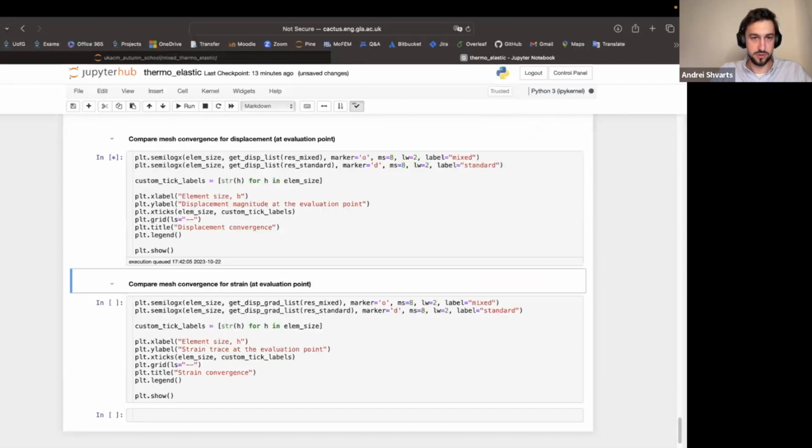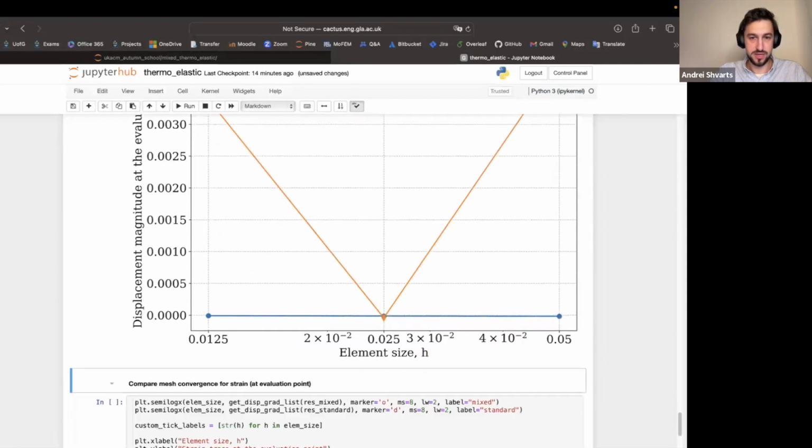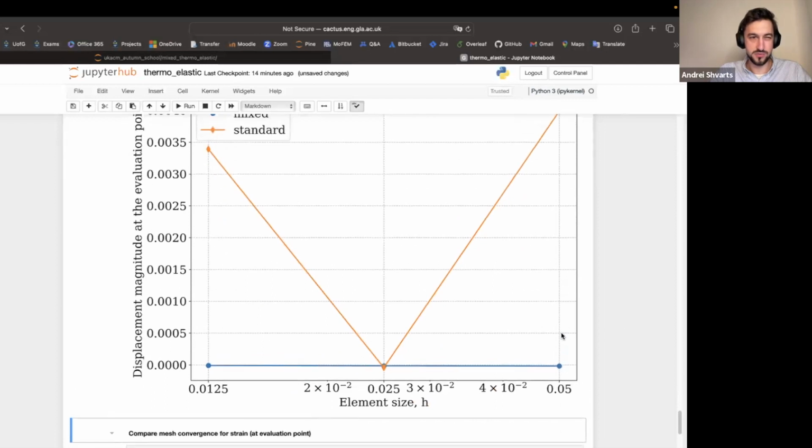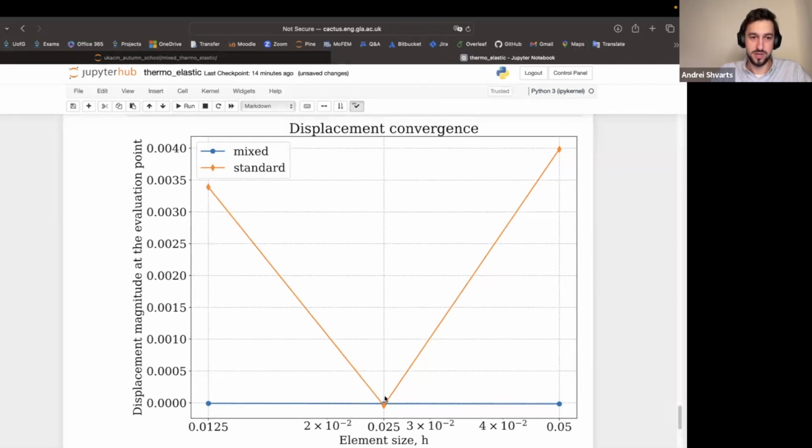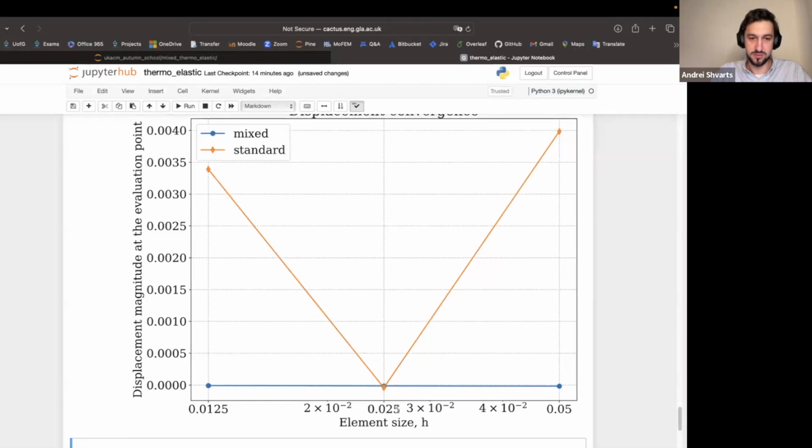Similarly, if we look into the convergence for the case of the displacement, again, the results for the mixed formulation are changing a little bit from the coarsest mesh to the finest one, but much less than for the standard one. Surprisingly, for the standard one, the result with the intermediate mesh is quite close to the result of the mixed one, but then goes away.